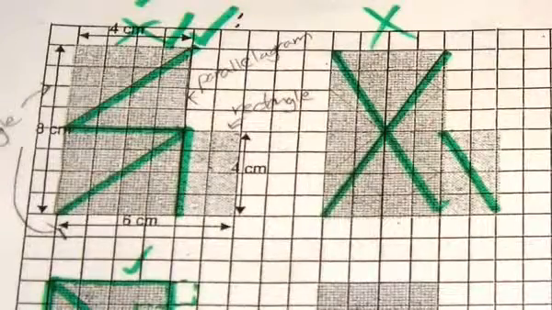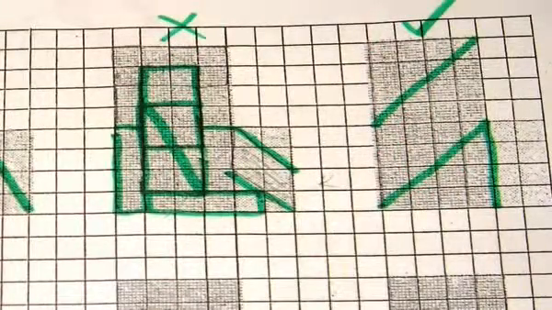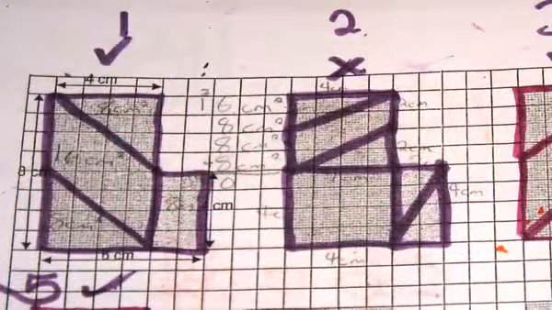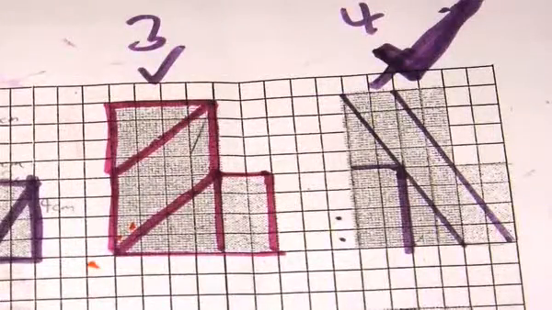Each of them are half, and half plus half equals 1 square unit. And there's also another 2 halves there, and two halves equal 1 square unit. We measured the criteria for at least 4 square units.